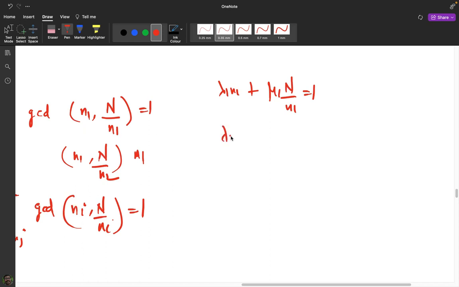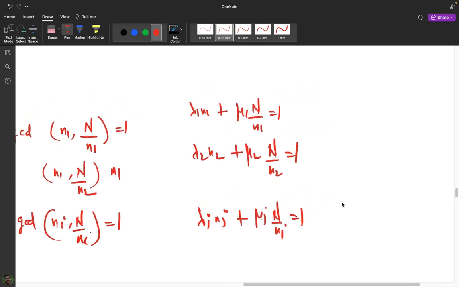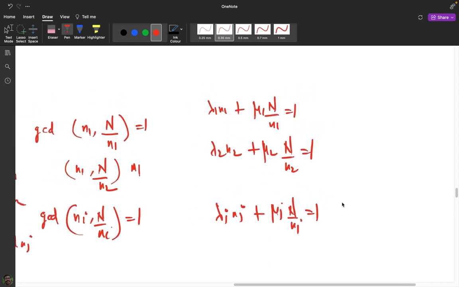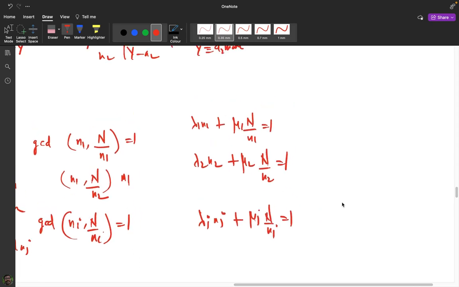Similarly, lambda 2 n2 plus mu 2 into n by n2 is equal to 1, because n2 as well as n by n2 are relatively prime. Similarly, going on, I have lambda j nj plus mu j n by nj equal to 1. We know that a GCD can be written as a linear combination of the two numbers. Here the GCD is just 1.